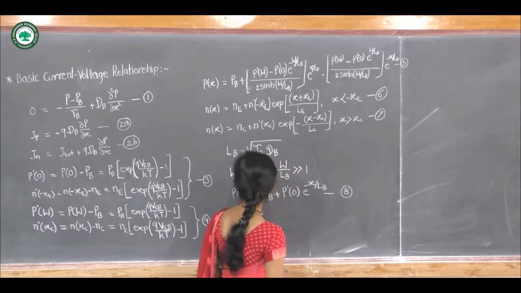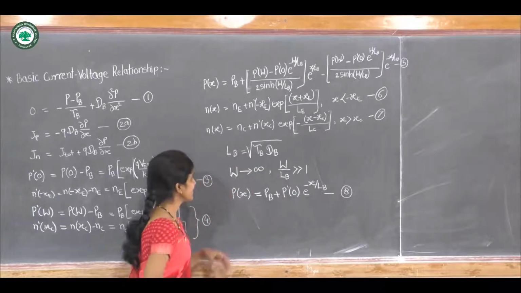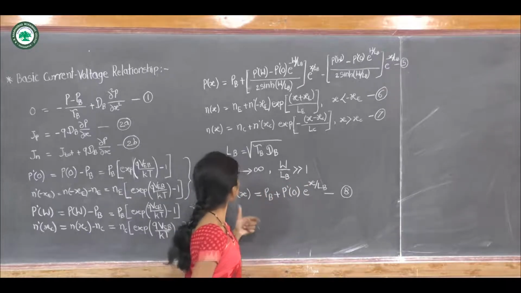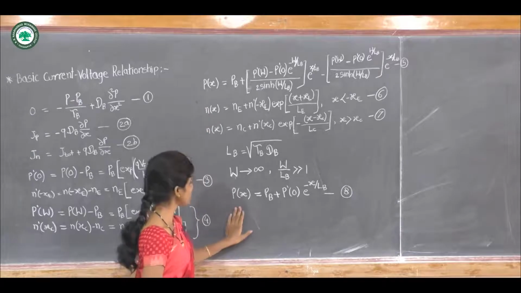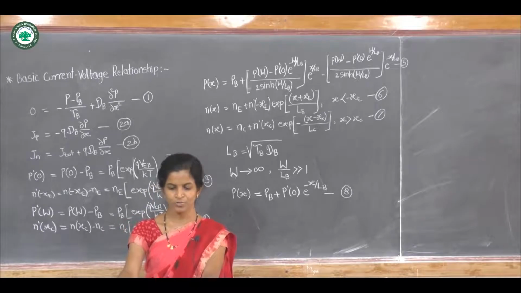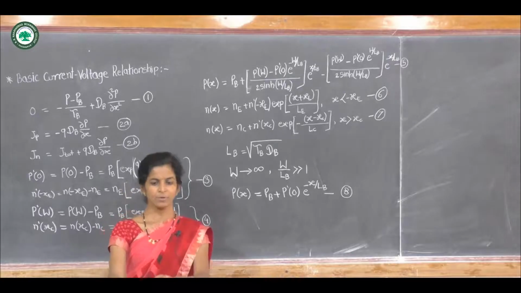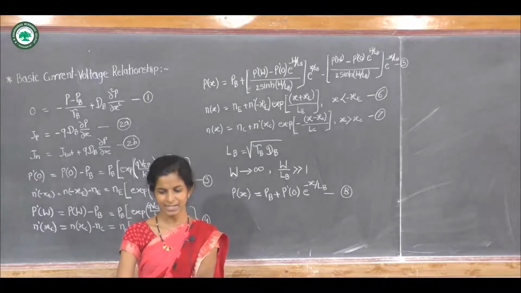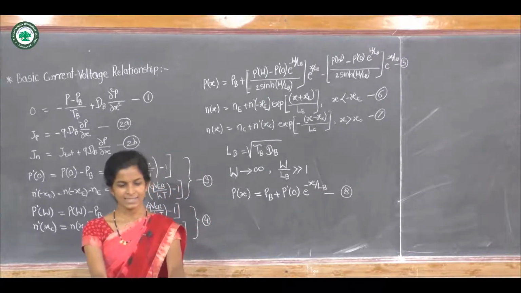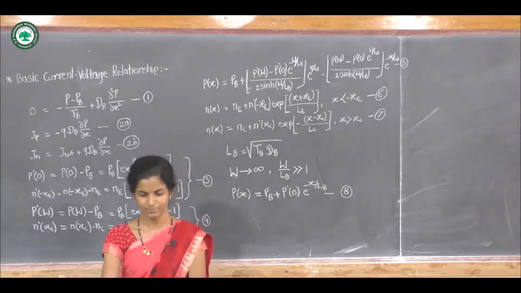That is, when this W tends to infinity, or when W by LB becomes greater than 1, equation number 5 reduces to this equation, which is identical to the case of a PN junction. So in this case, there is no communication between emitter and collector currents, which are determined by the density gradients at x equal to 0 and x equal to W respectively.